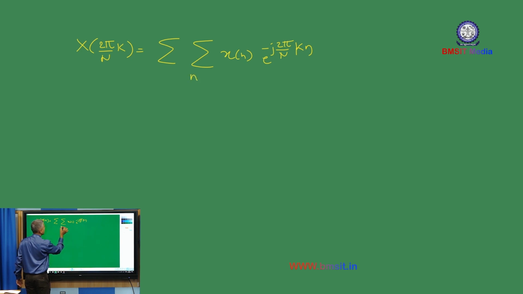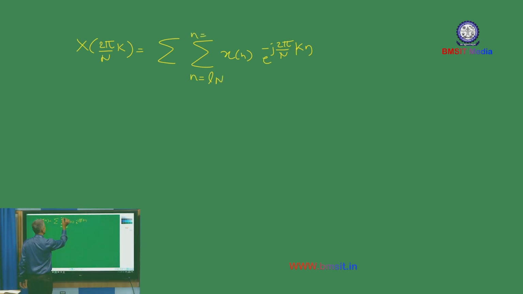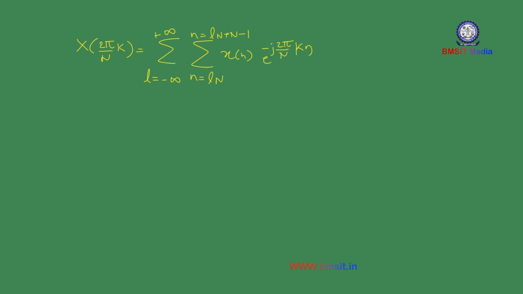The inner summation is for n equal to lN to n equal to lN plus N minus 1. The outer summation is for l equal to minus infinity to plus infinity.